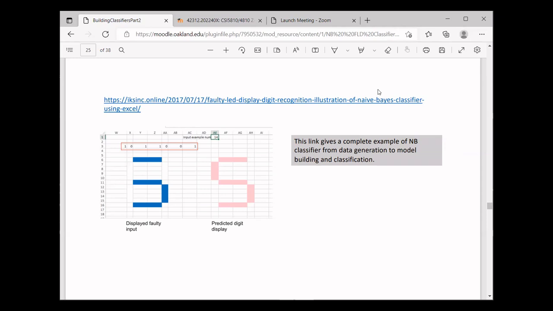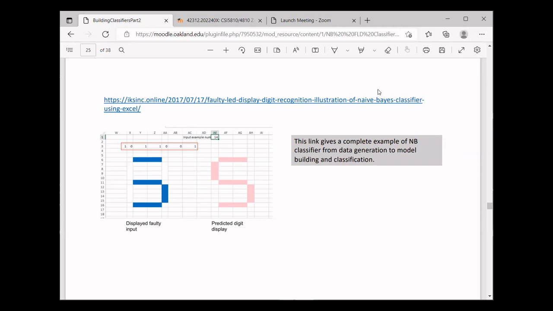We have the correct pattern for each digit, which is nothing but a 7-dimensional vector of zeros and ones. Then we add some noise. So we know the correct digit, and adding noise gives us a noisy display.